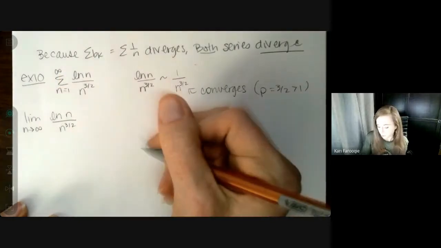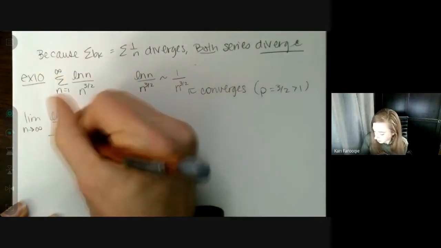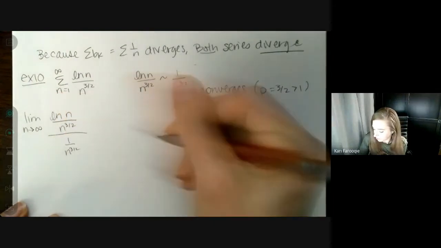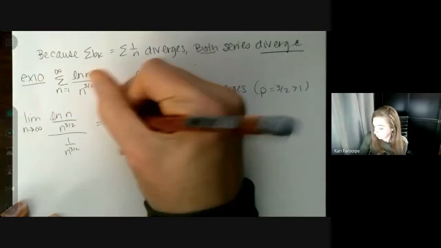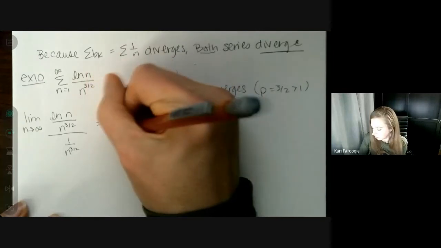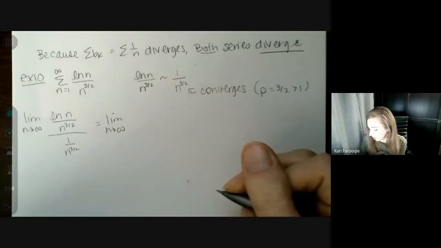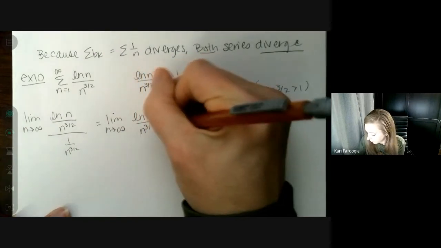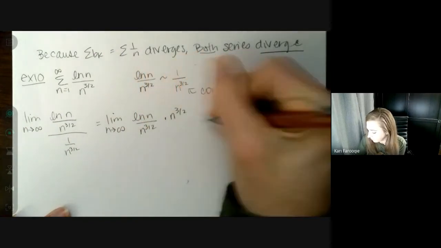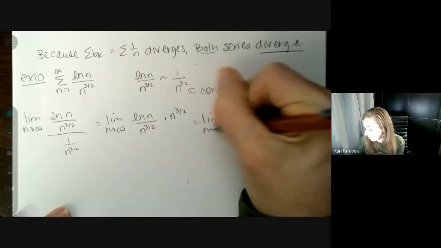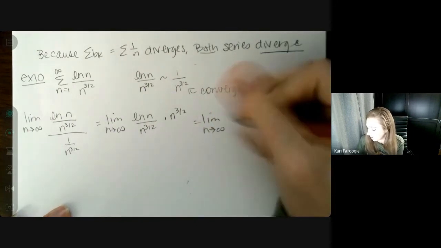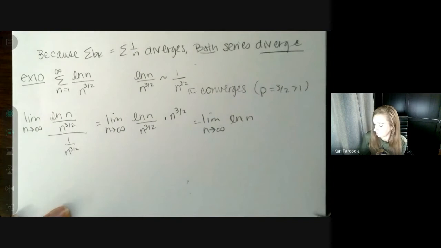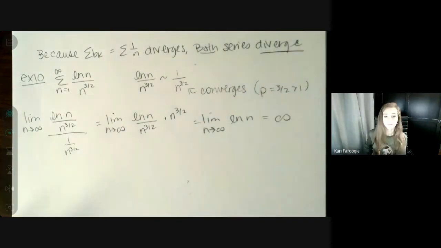Now, if you feel comfortable, go ahead and write that as a product instead of a quotient. I've been doing it all along, so I might as well stick with it for the last example. When you multiply by n to the 3/2, this ends up just being the natural log of n, which is infinity.